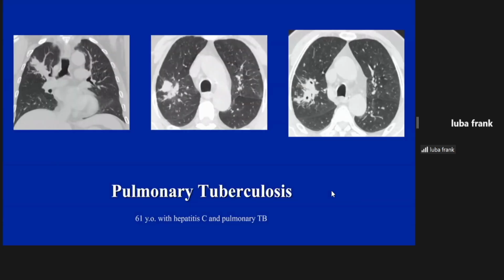So let's start with pulmonary tuberculosis. As we all know, pulmonary tuberculosis comes in many phases, but one of them actually looks like malignancy. This is a case of a 61-year-old patient who had hepatitis C and pulmonary tuberculosis.